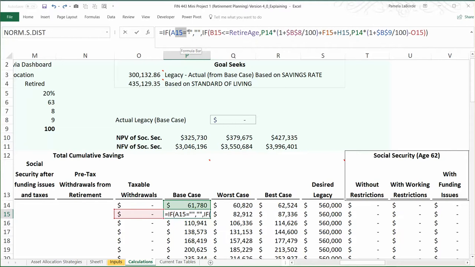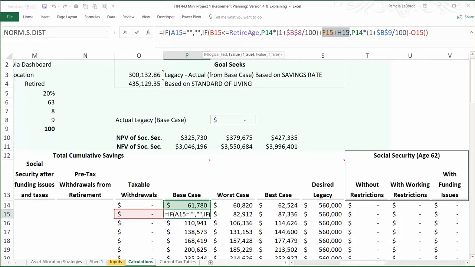So if they're dead, put nothing. If they're working, and not retired, then take the previous year's balance, P14, right here, increase it by one year's return, the working year's expected return, and then add any contributions.